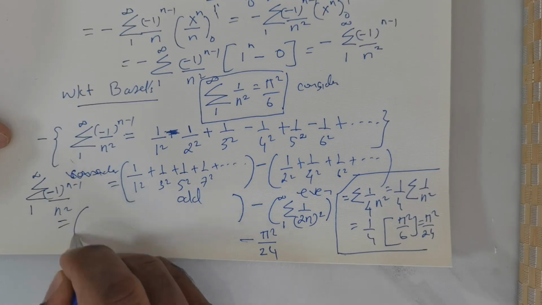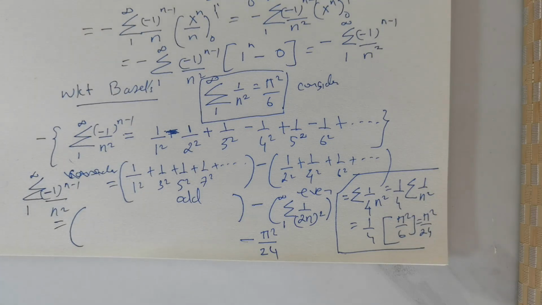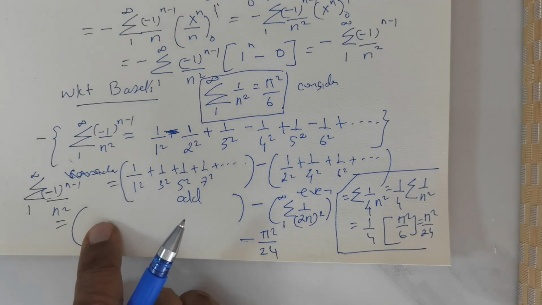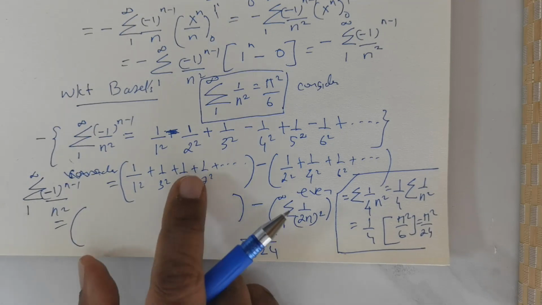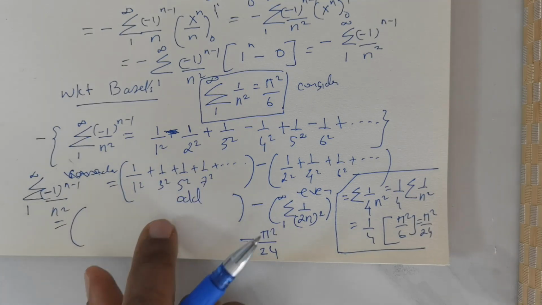Now I'm going to give you the odd numbers. So how do I generate the odd numbers? We will have to generate the entire series for odd numbers, and then from that we will have to subtract.